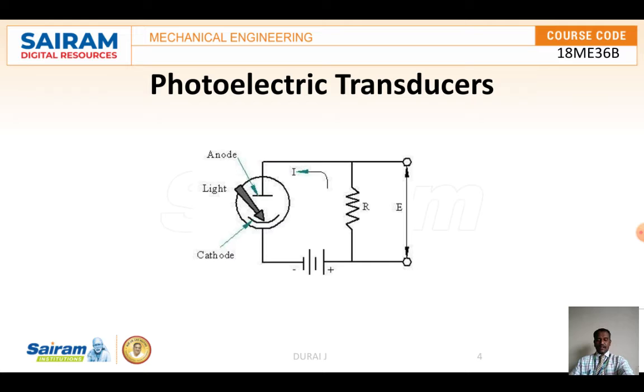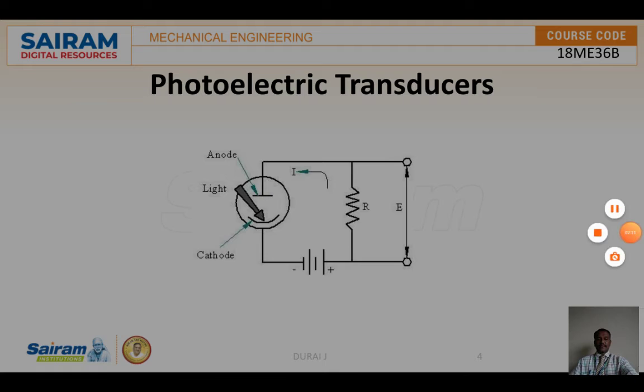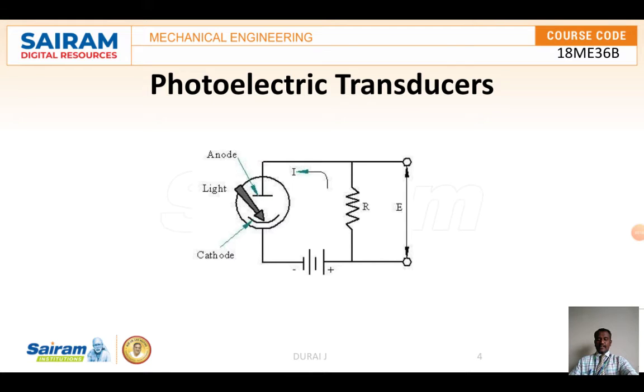Then comes the photoelectric transducer. It converts a light beam into an electrical signal. In this figure, the light strikes the photoemissive cathode, and it releases electrons which are attracted towards the anode, thereby producing an electric current in the circuit.